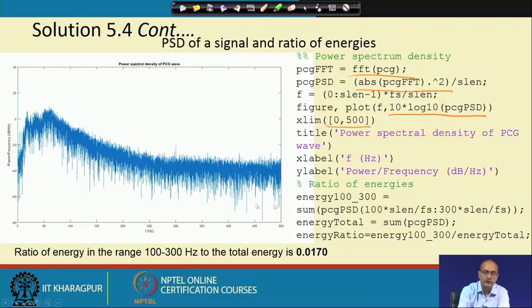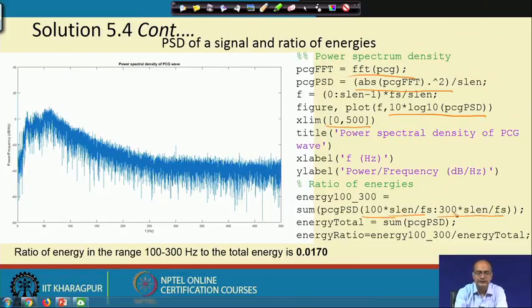Okay. So, here we see the spectrum, and then we also calculate the energy, how much energy is there between 100 and 300 hertz.